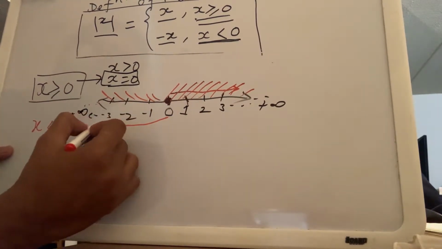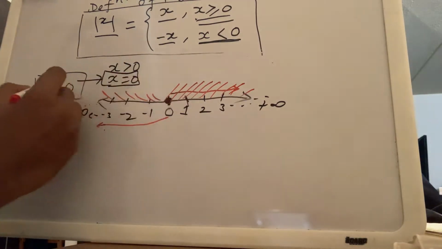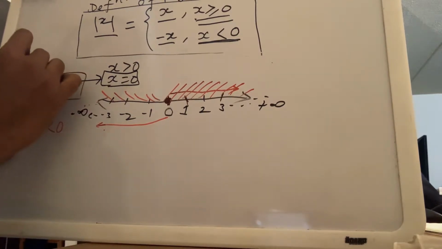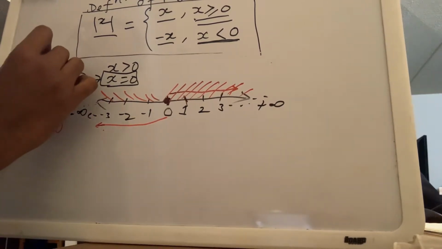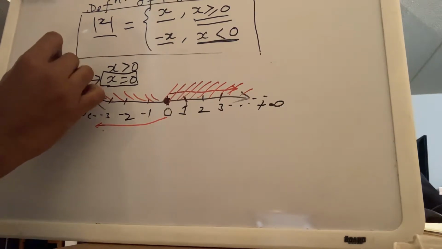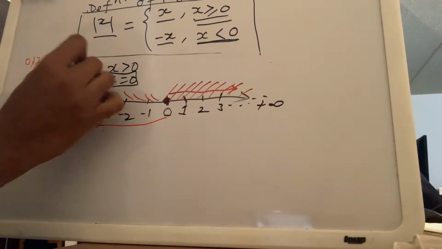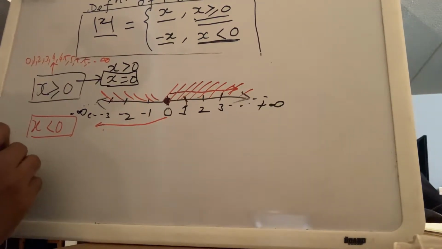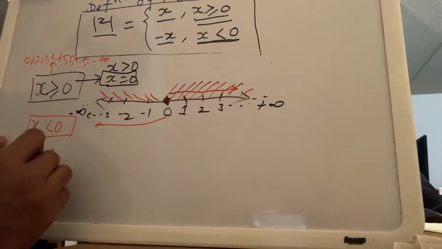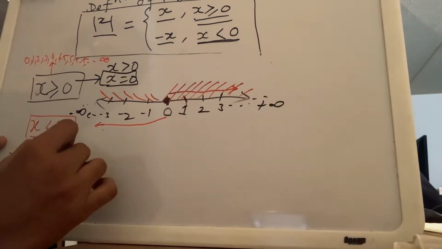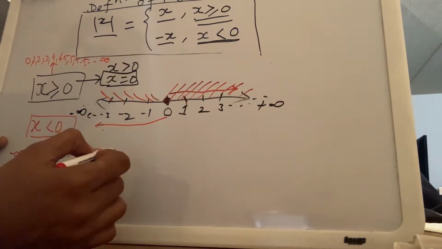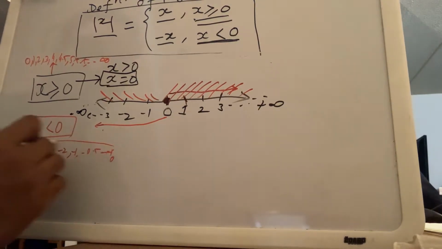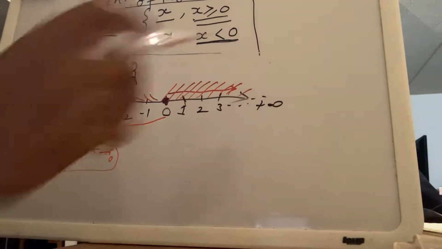So x greater than or equal to 0 means the numbers are 0, 1, 2, 3, 4, 4.5, 5, 5.5, infinity. And less than 0 means minus infinity, dot dot dot, minus 3, minus 2, minus 1, minus 0.5, and then 0. All these numbers come over here. So we understand these things.